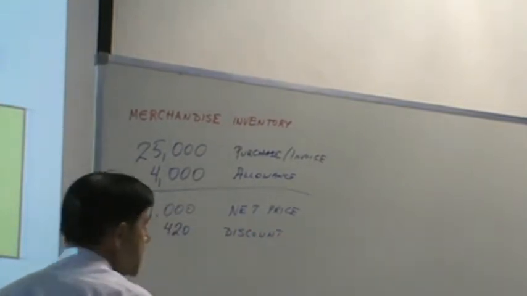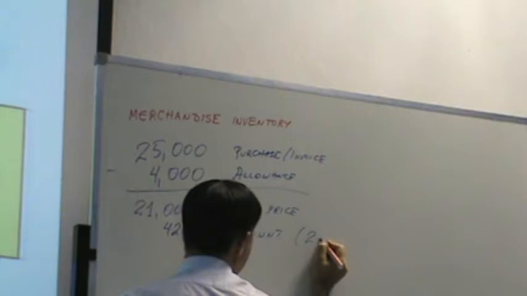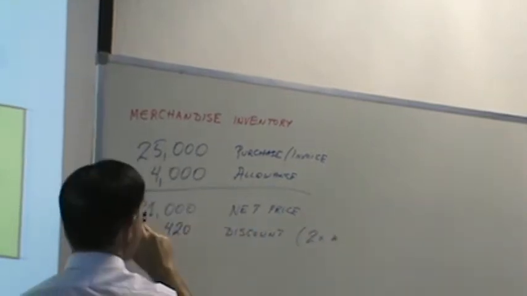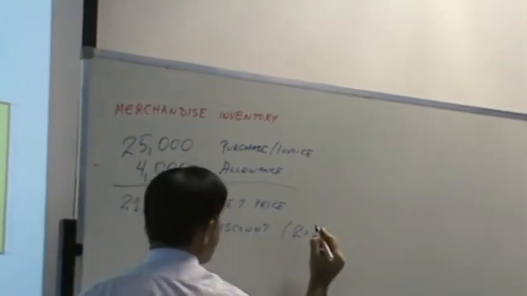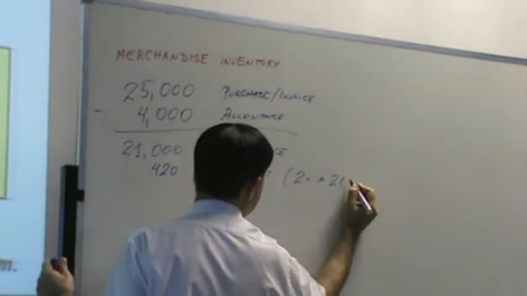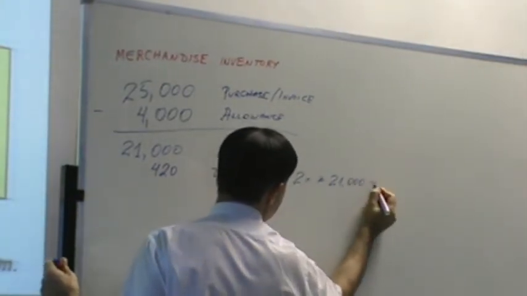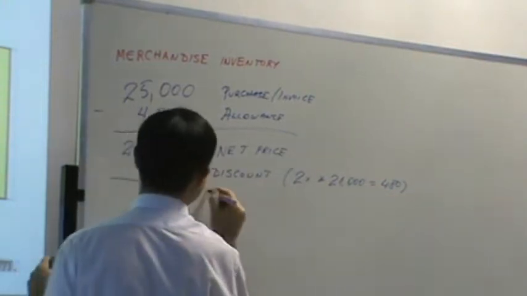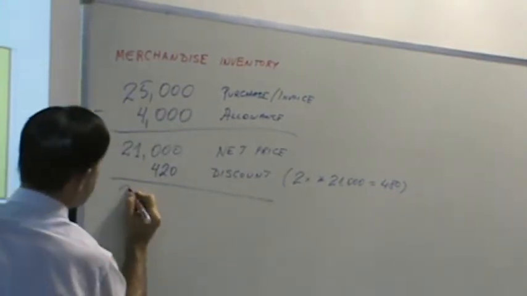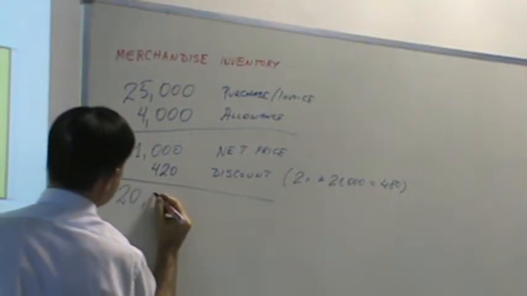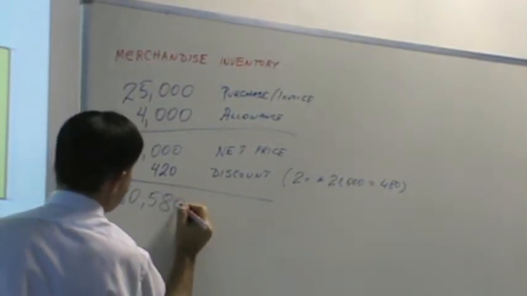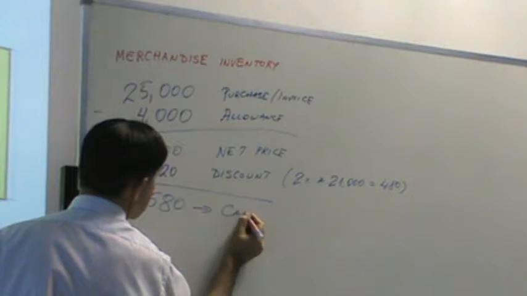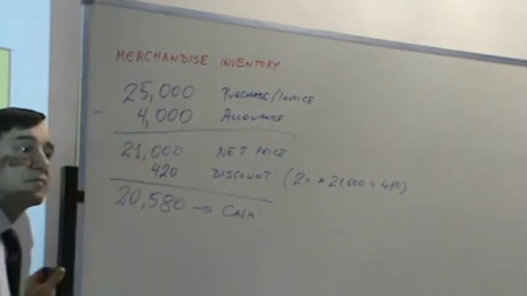And the discount is simply 2% multiplied by this net price, 21,000, which is 420. And the difference of 20,580 is cash.